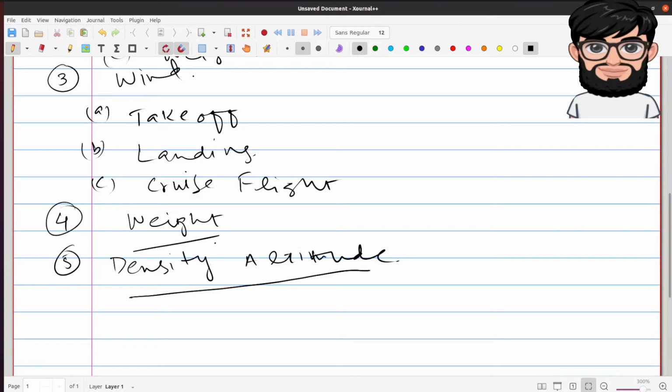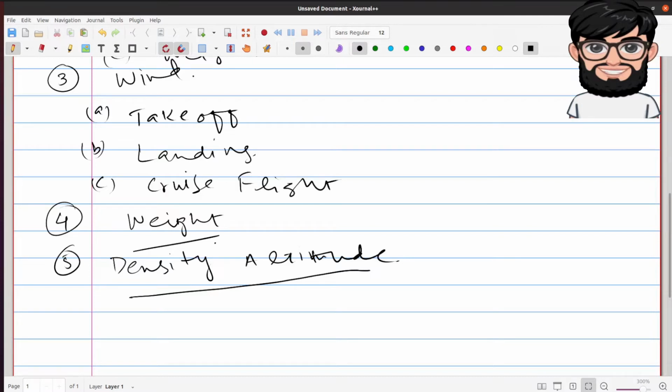Basically, density altitude is the pressure altitude corrected for non-standard temperature. Under standard atmospheric conditions, the air at each level in the atmosphere has a specific density.